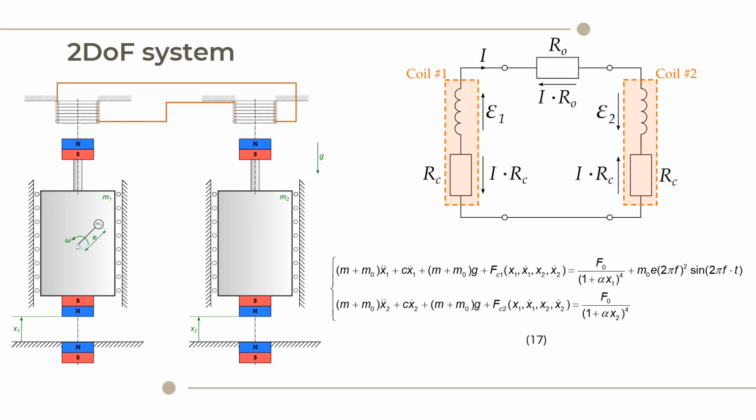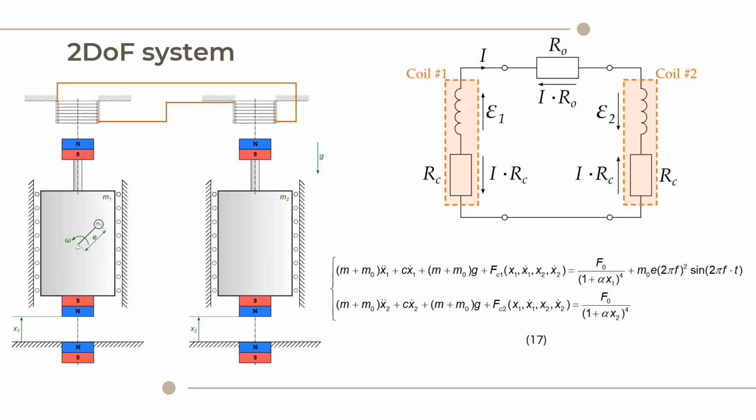The 1 degree of freedom system has been doubled by a second identical oscillator, but without excitation, and the oscillators have been coupled electromagnetically. The oscillator coils are connected in series. The current induced in the first coil flows to the second coil, resulting in magnet-coil interaction occurring in the second oscillator.